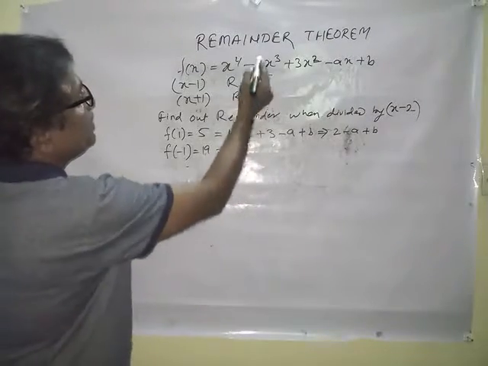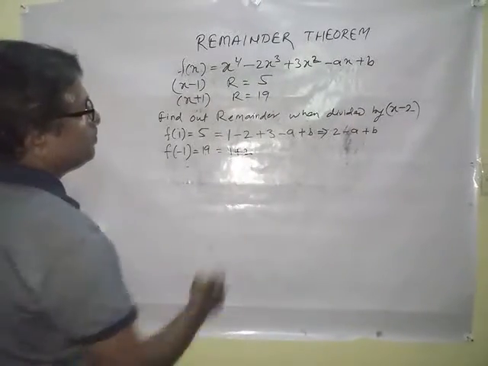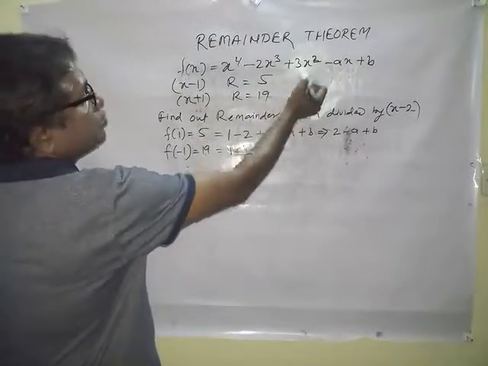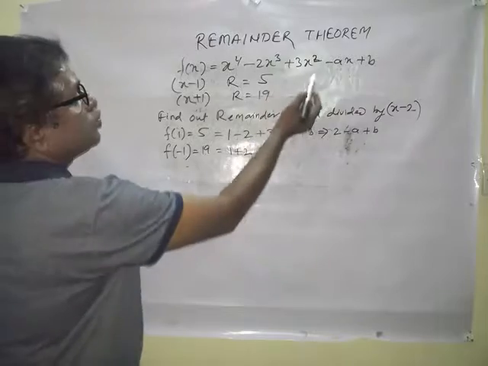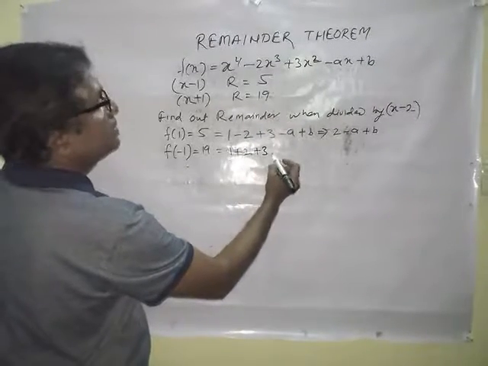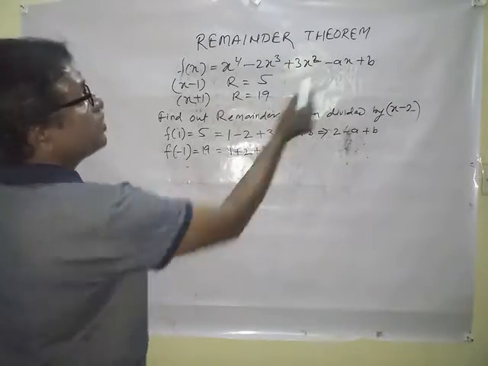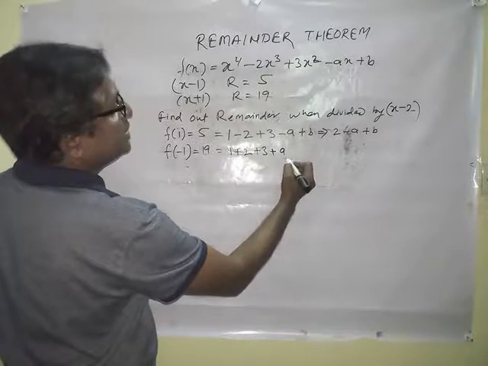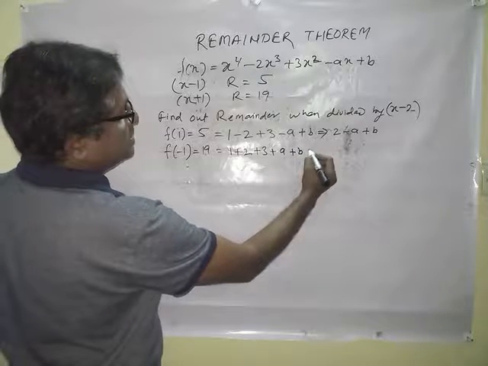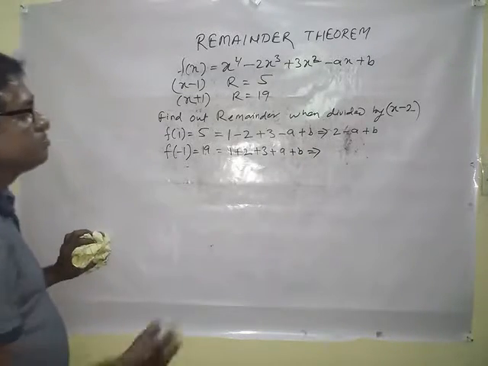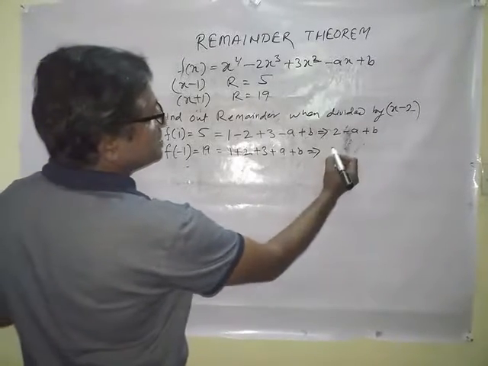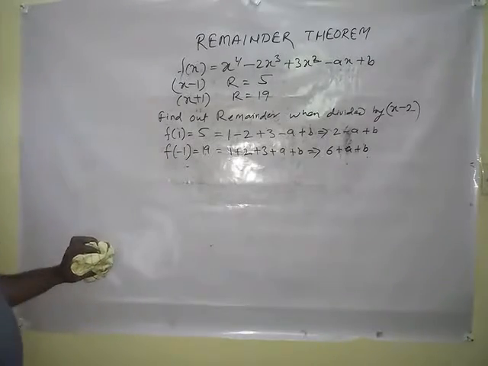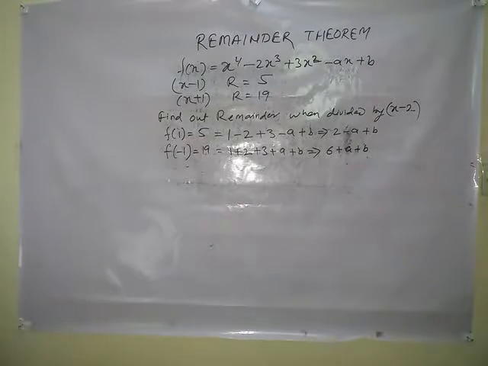Then minus 1 into minus 2 will be plus 2. And here x square, minus 1 square is equal to 1. So it will be 3. Minus 1 into minus a is equal to plus a, plus b. So that will become 3, 2 plus 5, 6. 6 plus a plus b. So you got two equations.